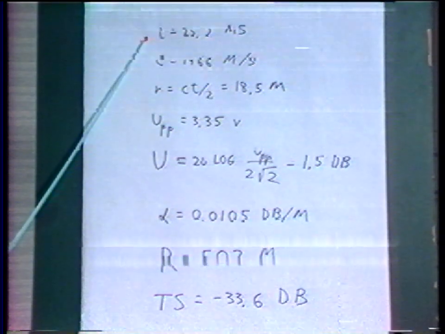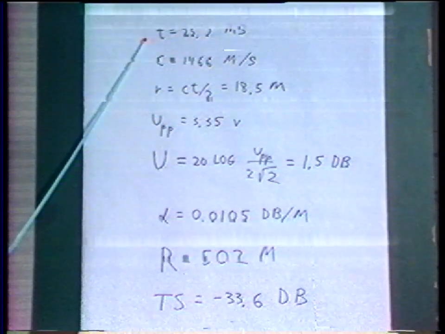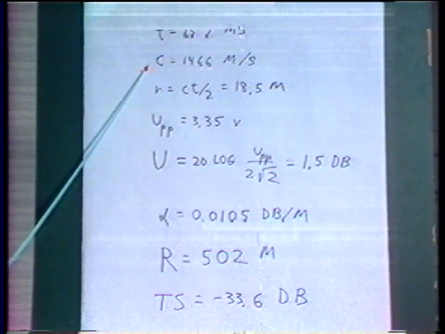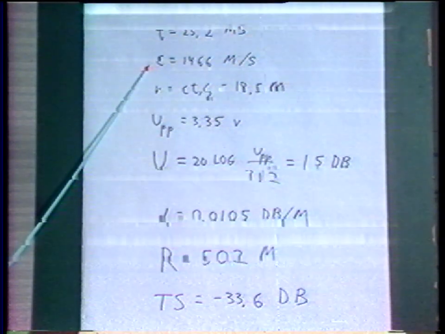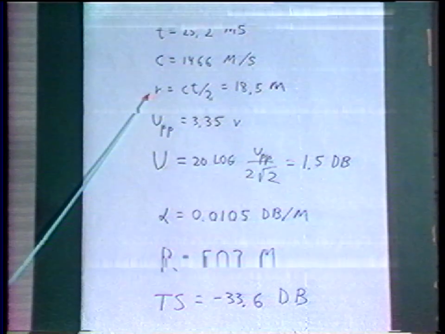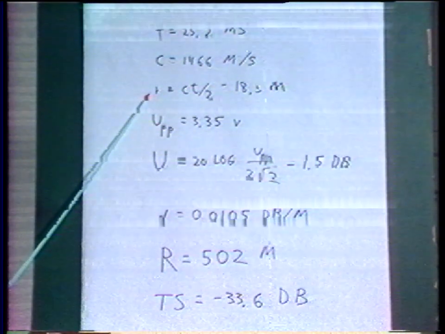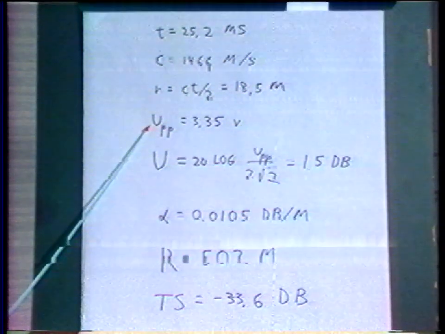This is observed to be 25.2 milliseconds. For the mean sound speed of 1466 meters per second, determined from the earlier hydrographic measurements, the sphere range is computed as 18.5 meters. The peak-to-peak voltage of the sphere echo on the oscilloscope is observed to be 3.35 volts.